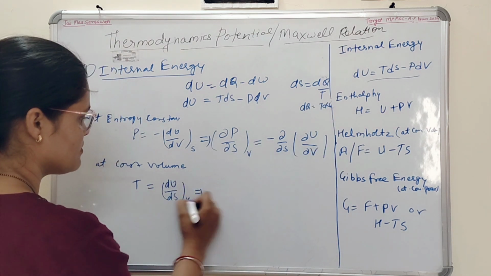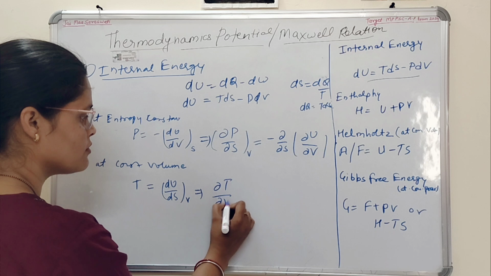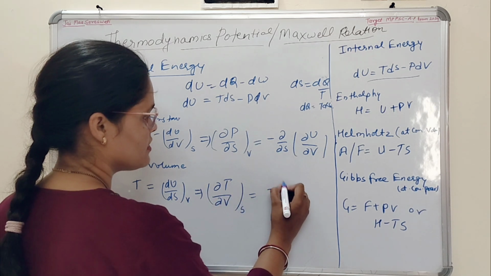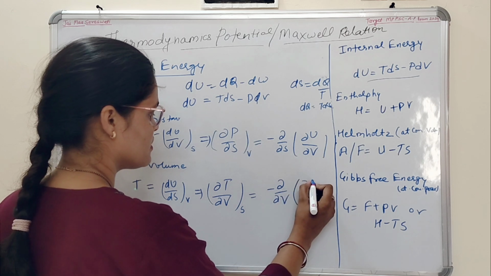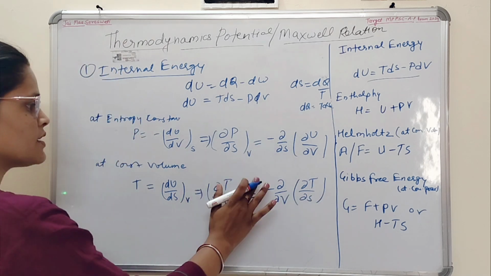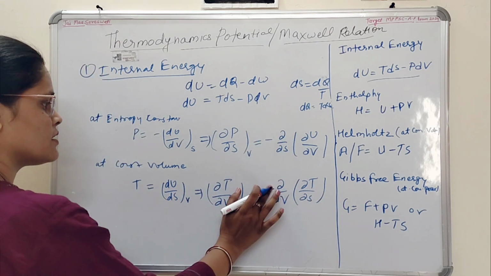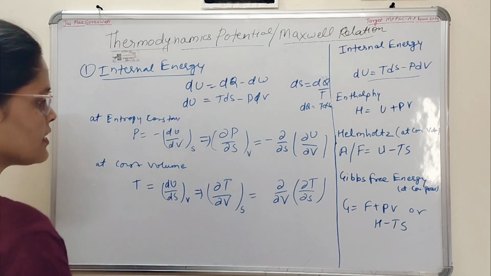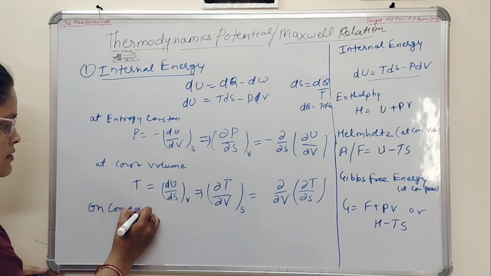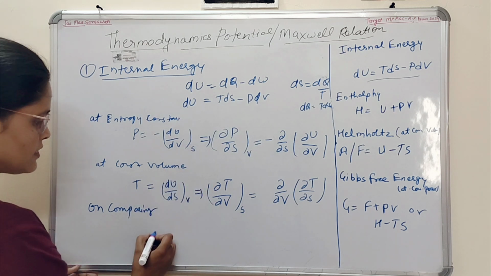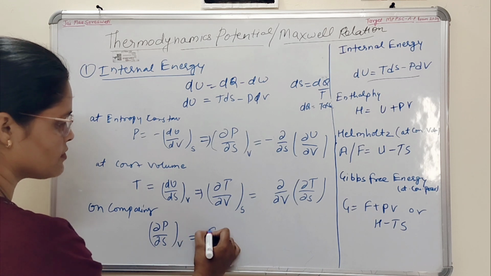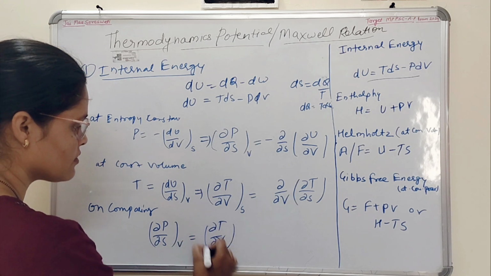In our next step, differentiate this T with respect to volume at constant entropy. This comes out as delta by delta V of delta U by delta S. Now comparing the right side and the left side of this equation, with this negative and this positive, we find that delta P by delta S at constant volume equals minus delta T by delta V at constant entropy.